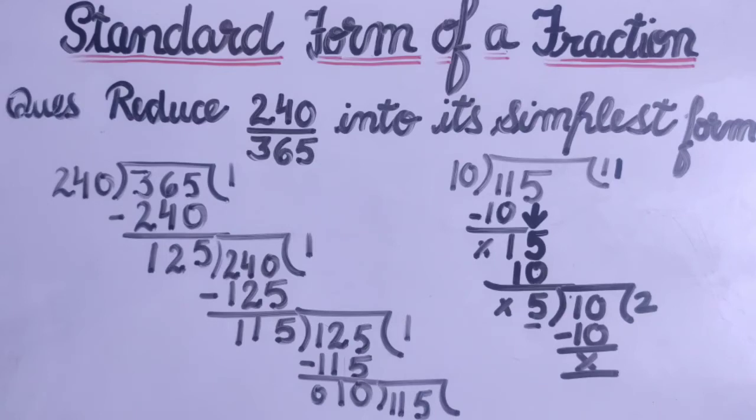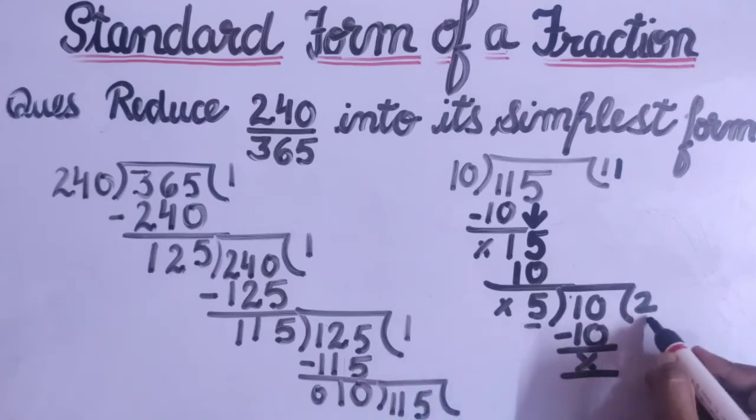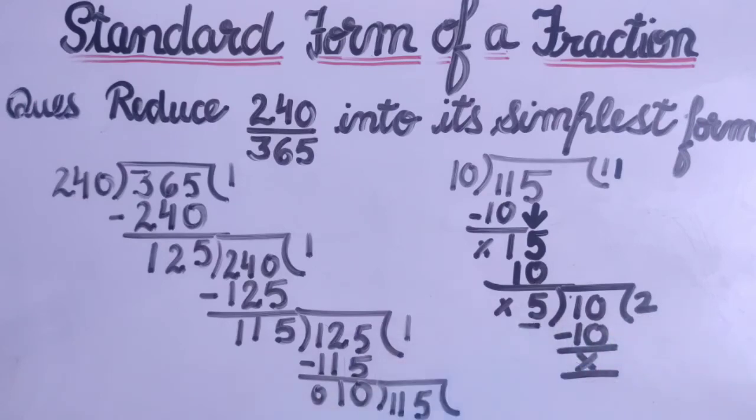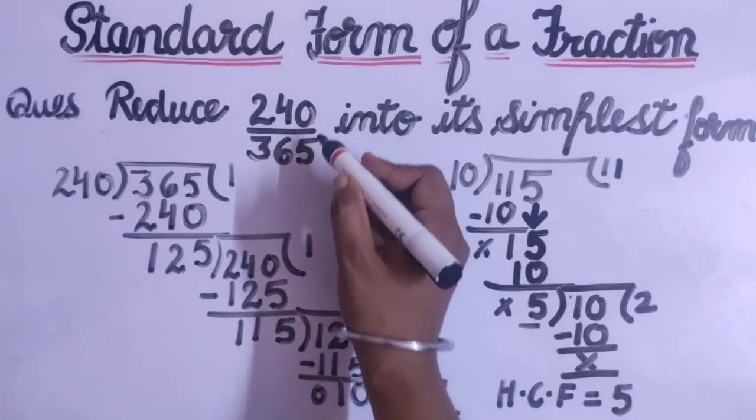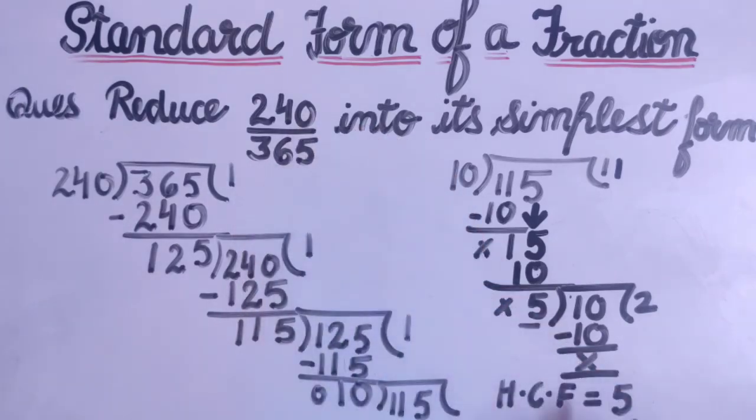Last divisor is called the highest common factor. Students often write quotient as the HCF. No. Last divisor will be considered as the highest common factor. So HCF is 5. HCF of 240 and 365 is 5.